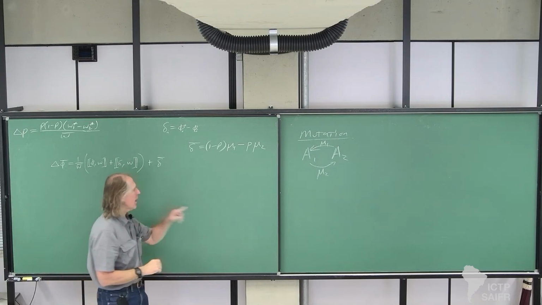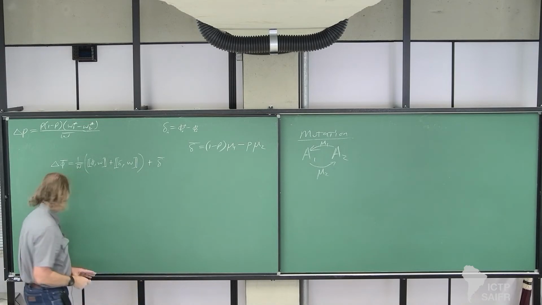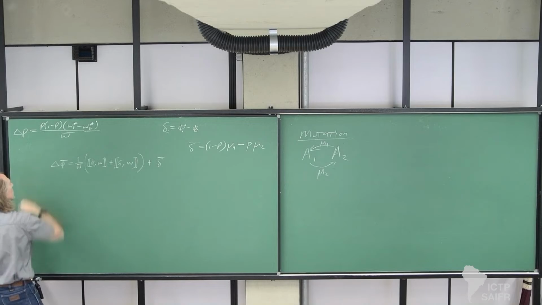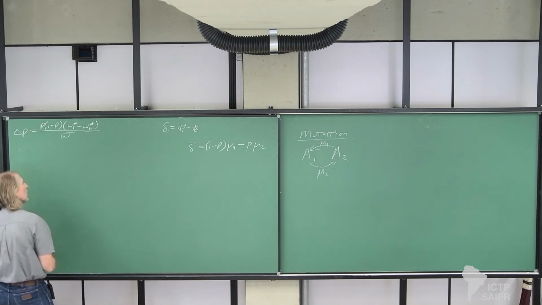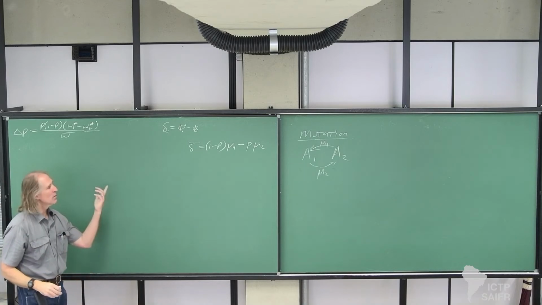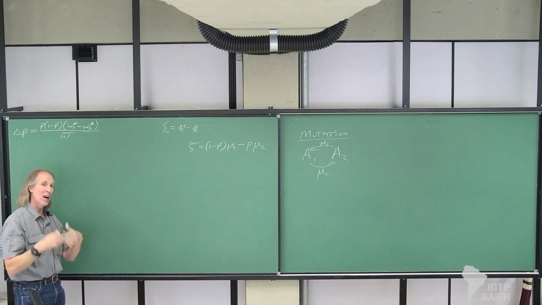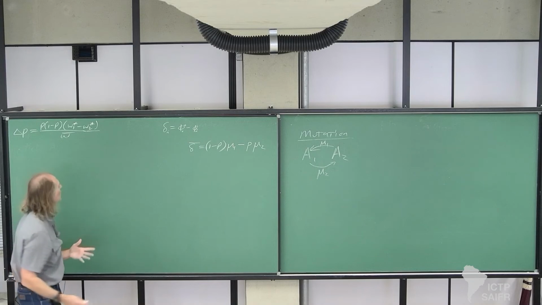And so with that in mind, I'm going to stick with this version that we derived from the Price equation by saying that phenotype is whether you're A1 or A2 in this case.